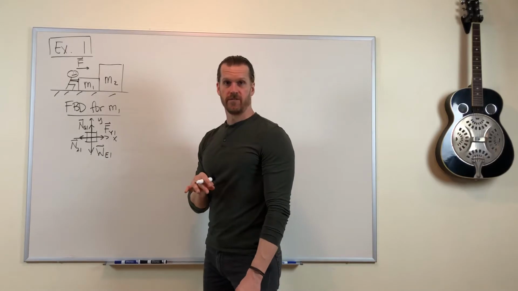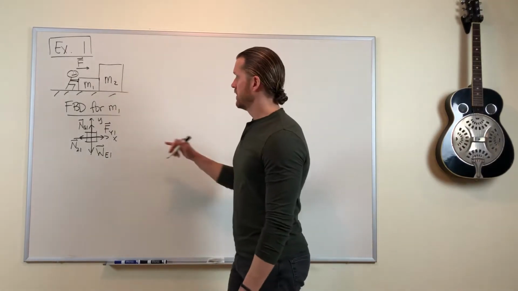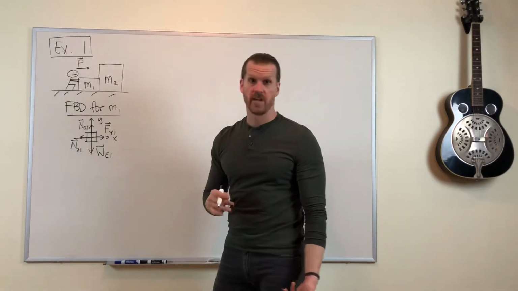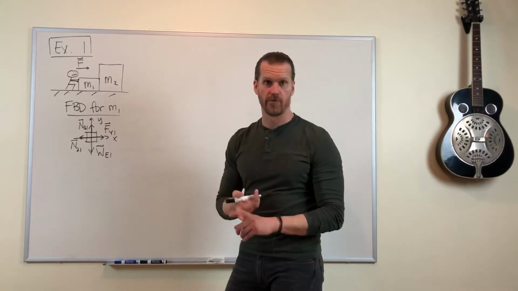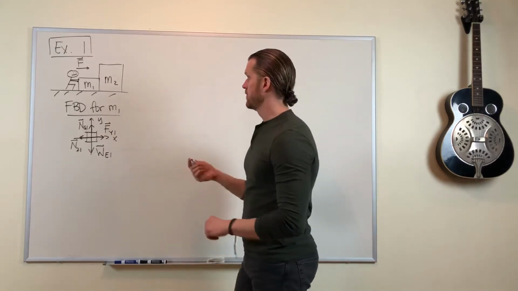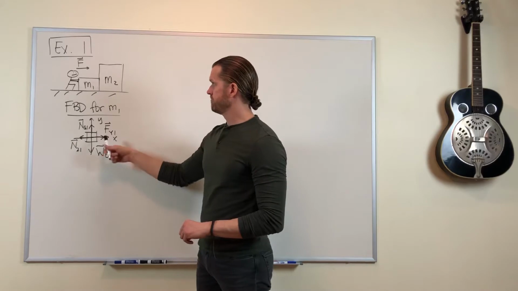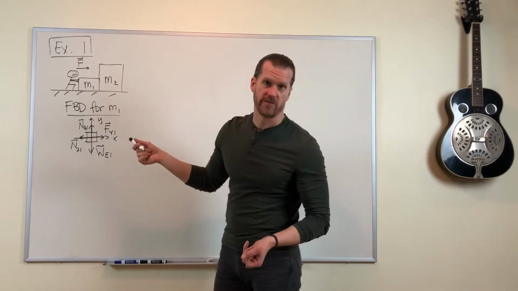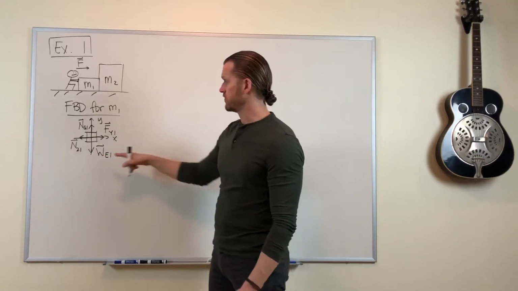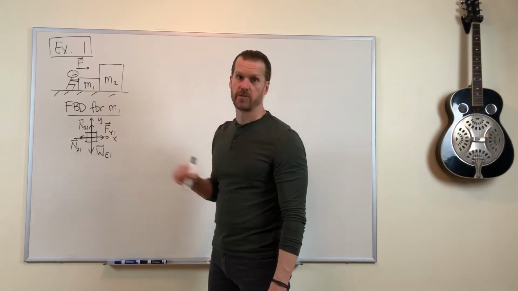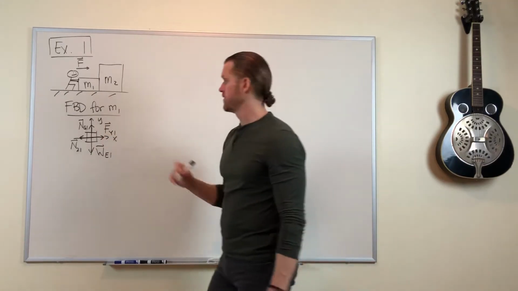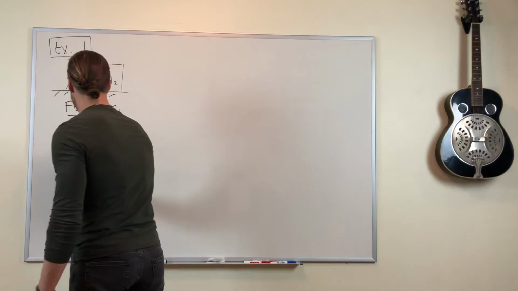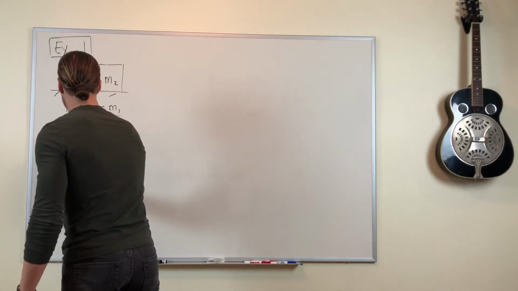Now let's write down Newton's second law. In the y direction, we can kind of ignore it for this problem because there's no friction. And there's no acceleration in the y direction, so it's not very interesting. You'll just find that the normal force equals the gravity force. But in x, we need to do that.